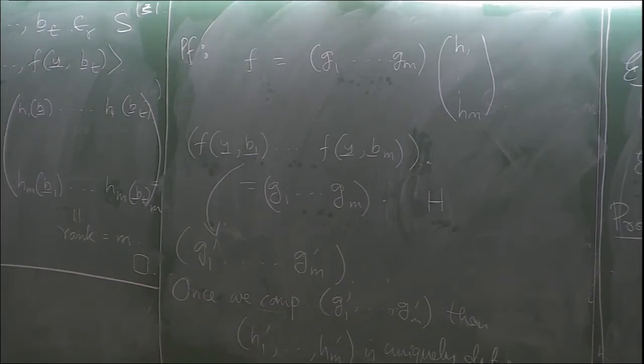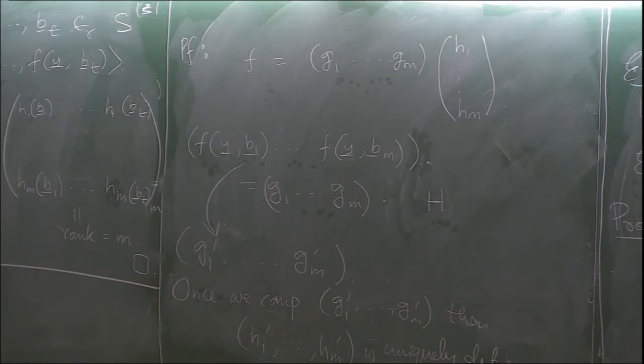So let's say the underlying set of variables is X, and we think of Yi as just the variables from X1 through Xi, and Zi as the variables from X_{i+1} through Xn.